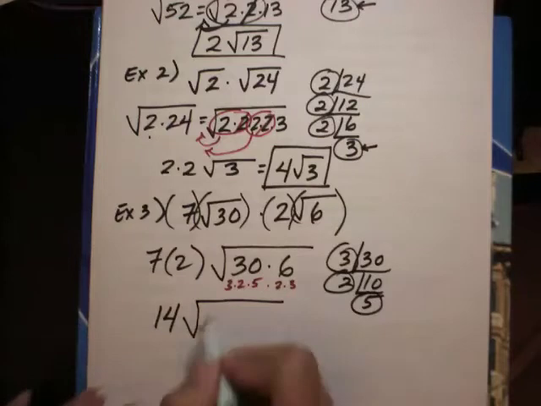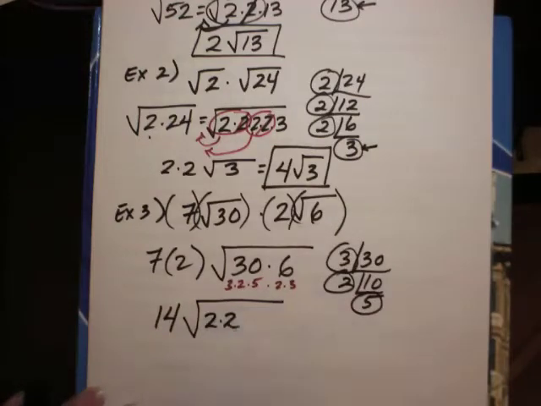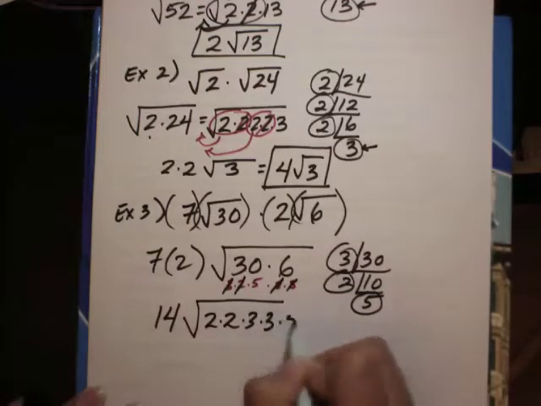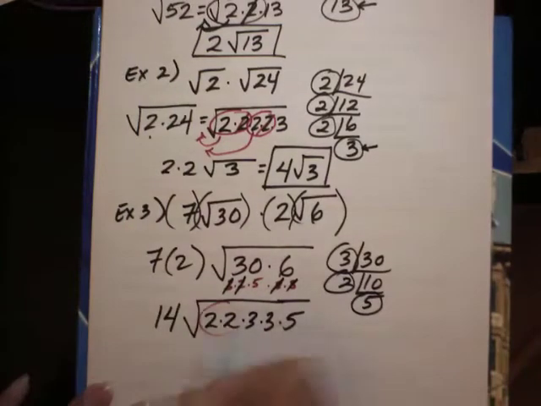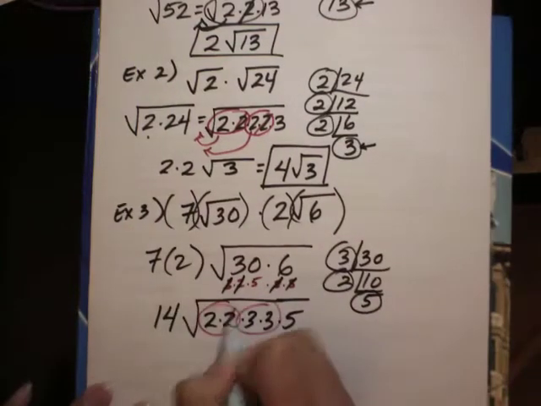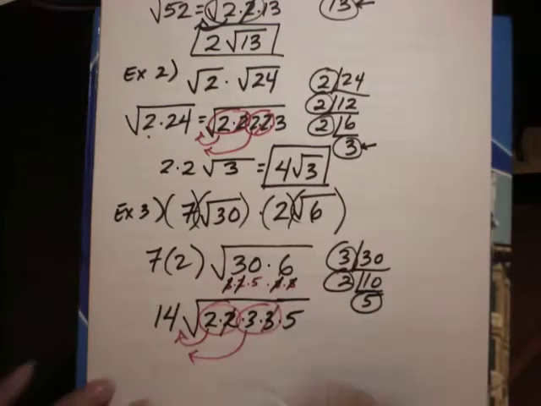I'm going to use the commutative property to put all of my pairs or my twins together. I have the 2 and the 2. I have 2 3s, and then I have a 5. What this allows me to do is to clearly spot the twins. We have our pairs. Cross one out, set the other free. Cross one out, set the other free.